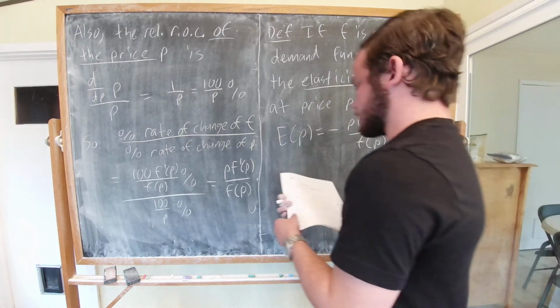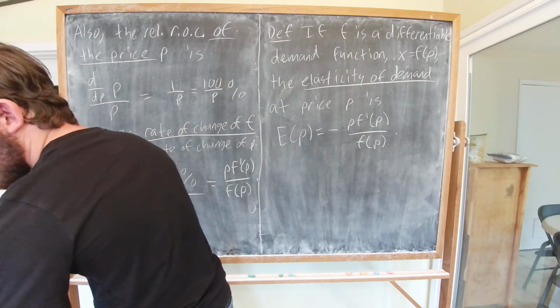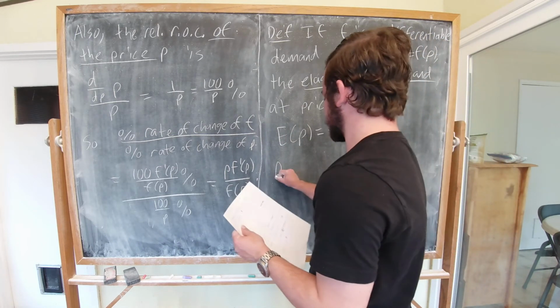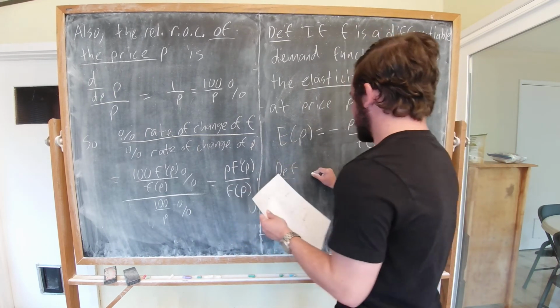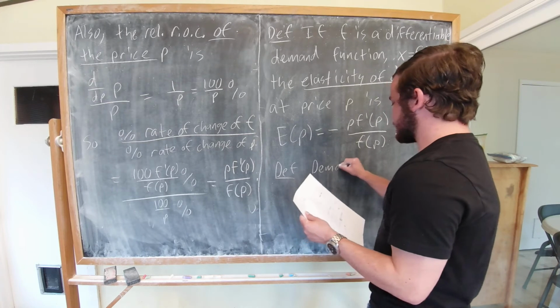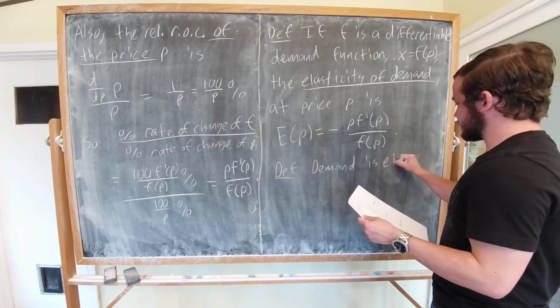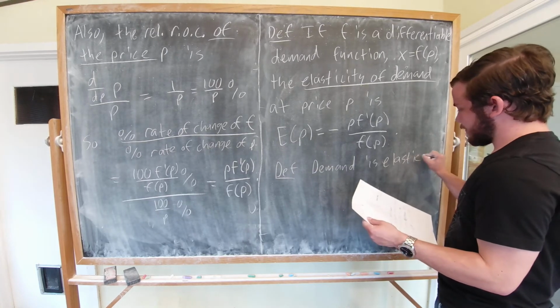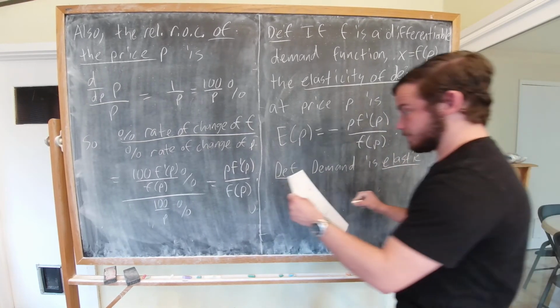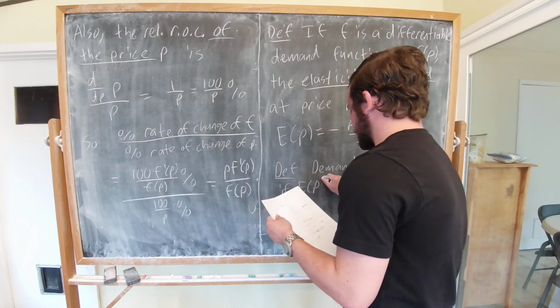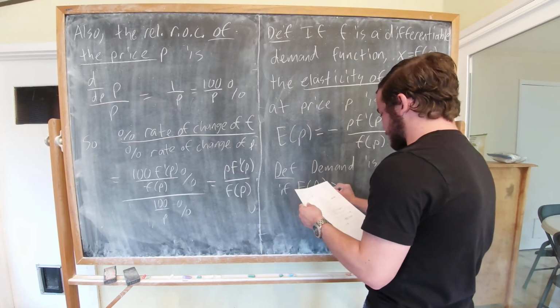All right, so we have a couple of categories for elasticity of demand. Demand is elastic at a price P if E of P is greater than 1.